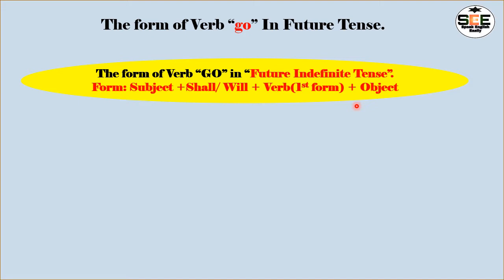If you watch those videos, it will be crystal clear on tenses, how to write tenses, what the formation of a tense is, and how to write present tense and past tense. So I am going to inform you here about the future tense of the go verb. So let's start.